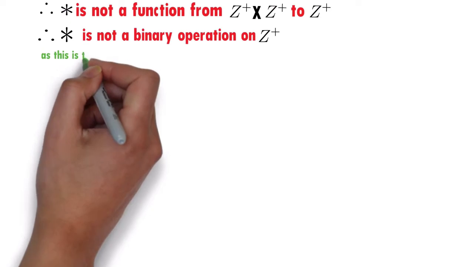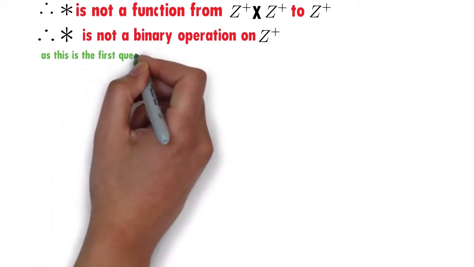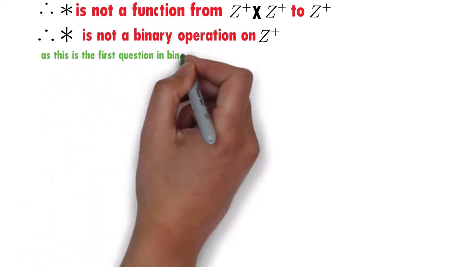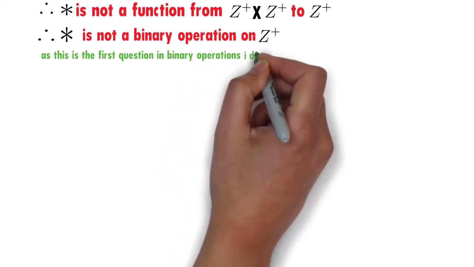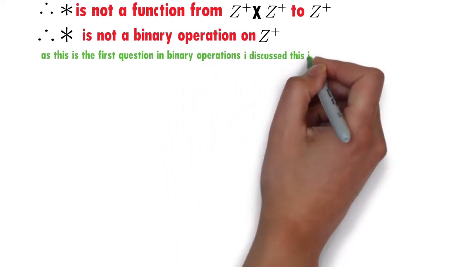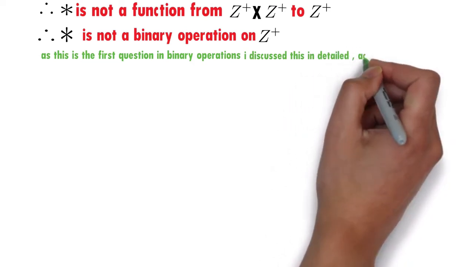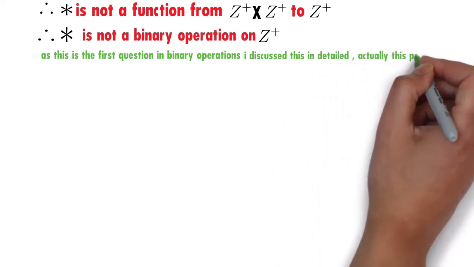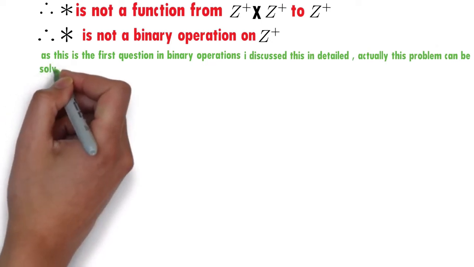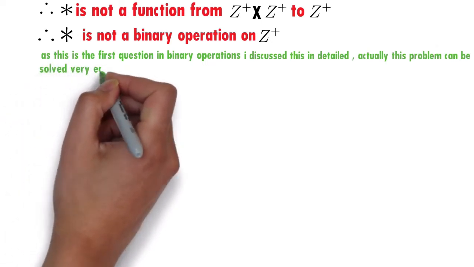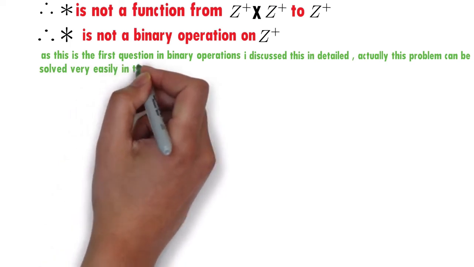As this is the first question in binary operations chapter, I discussed this question in detail. Actually, this problem can be solved easily in this way.